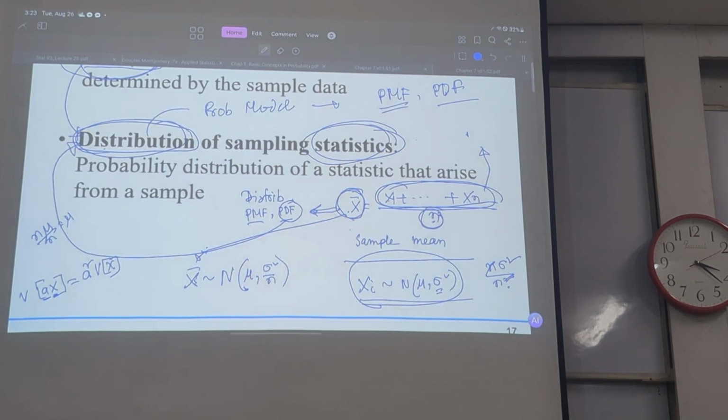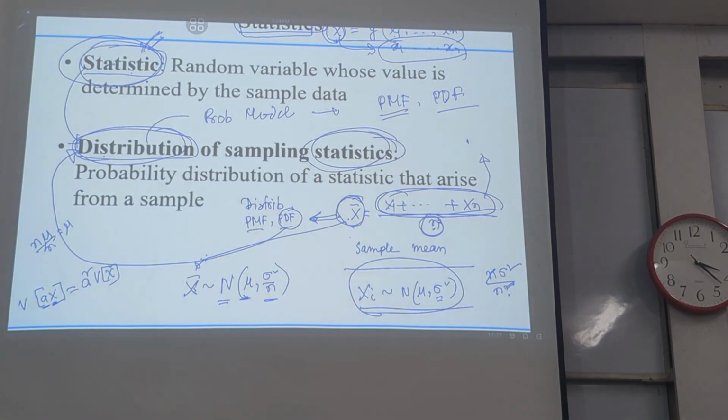Now, this x bar has a distribution which is normal with mean mu and variance sigma square by n. Throughout this part of the course, our objective will be identifying different statistics for different tests, for different purposes, for different estimations, and draw conclusion from the statistics.